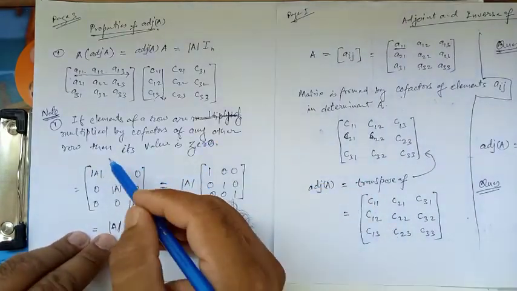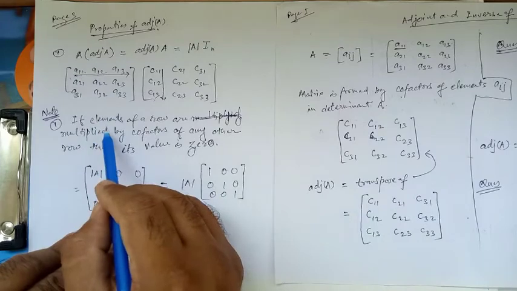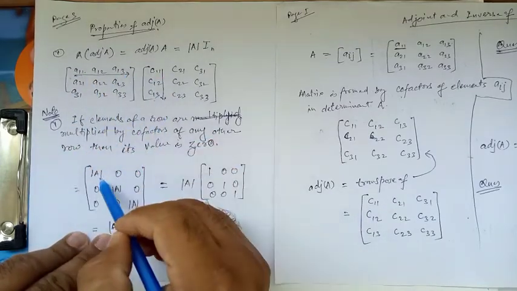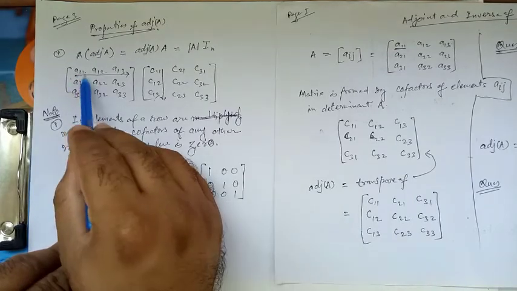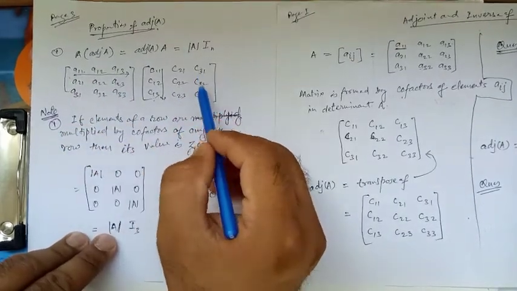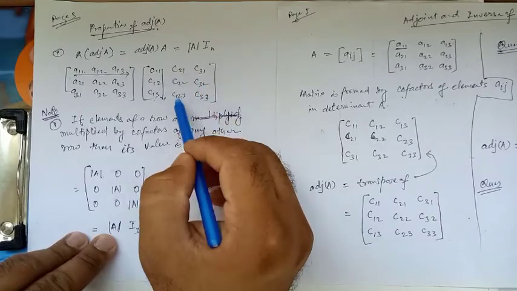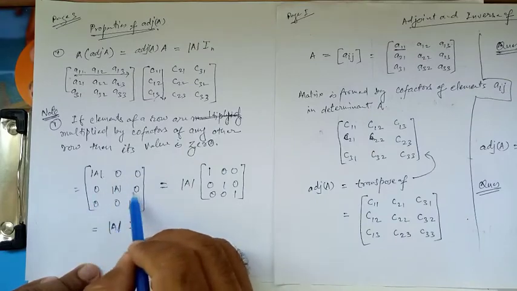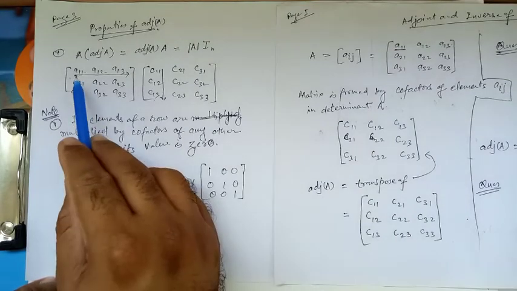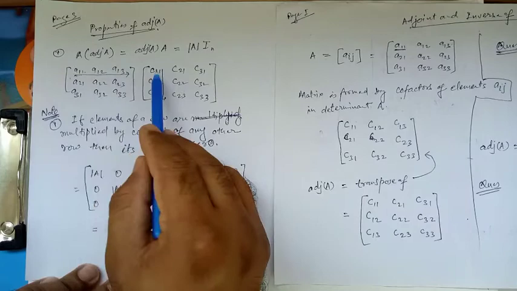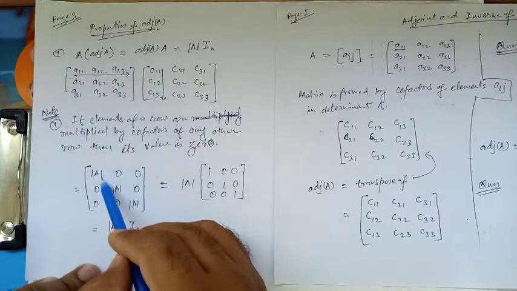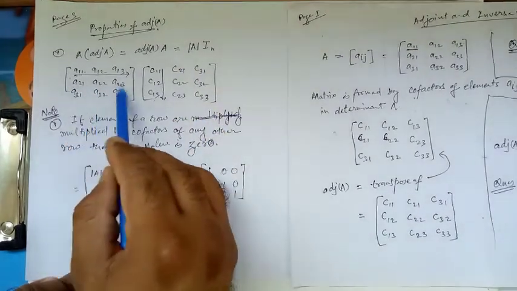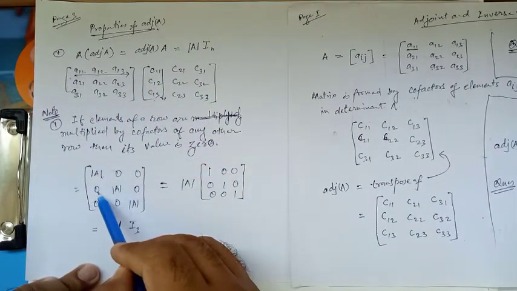Now according to this rule, this into this will give you determinant of A, whereas this into any other row or column cofactor will give you 0. So we have written 0 over here, and likewise everywhere: this into this will give determinant of A, this into this will give 0, and this and this will obviously give 0 over here.